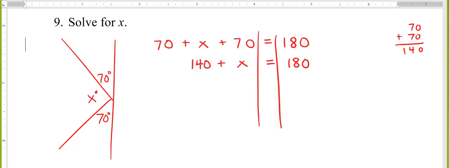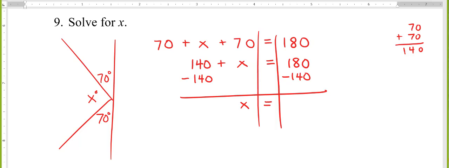To get the x by itself, what do we need to subtract from both sides? 140. So we get x equals 180 minus 140 is 40.